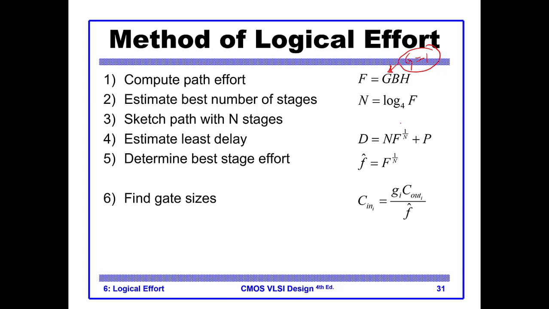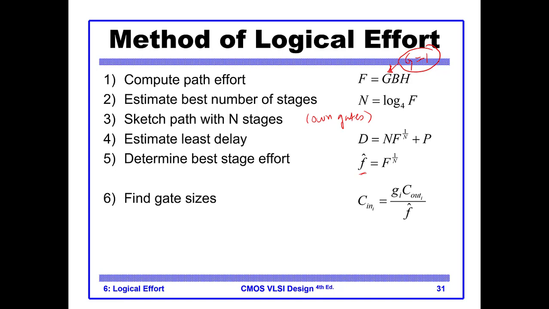Here you put your own gates, not only NOT gates, but also the gates that you want to use. Then you estimate the delay. Then you determine the best stage effort, F cap, and then you find the size of the gates.